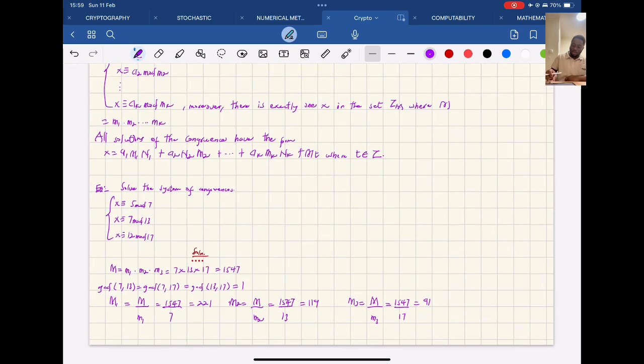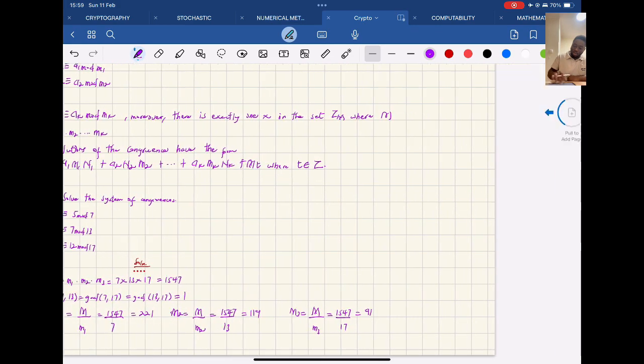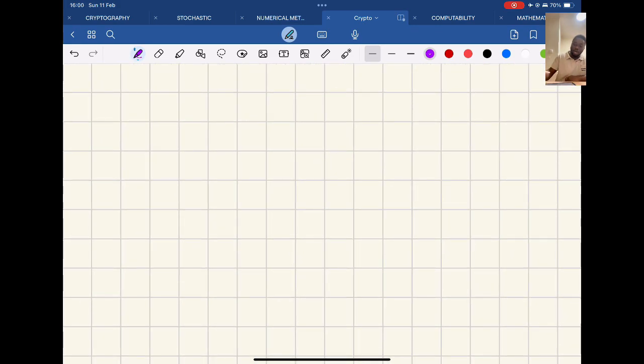So after getting our big M1, M2, and M3, now we have to look for our n1, n2, and n3. So we determine n1, n2, n3 using the Euclidean algorithm.